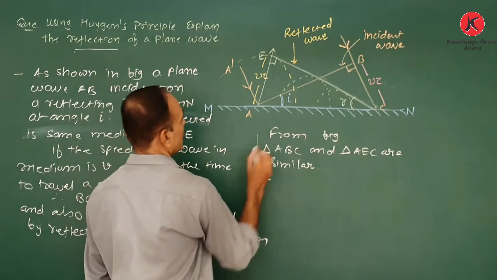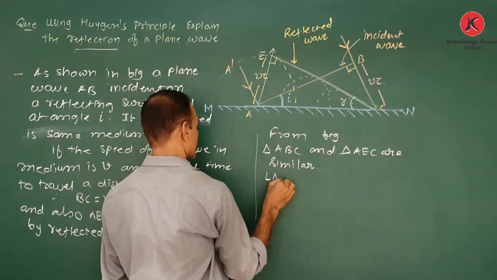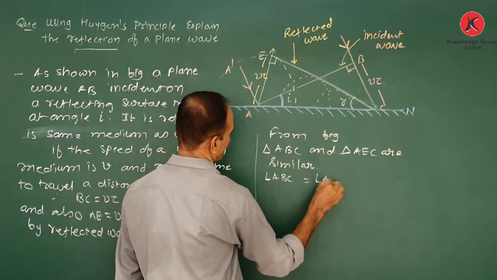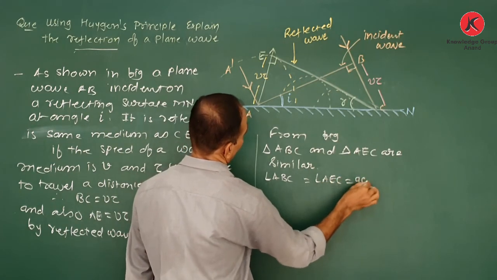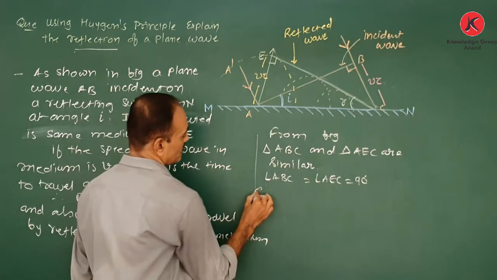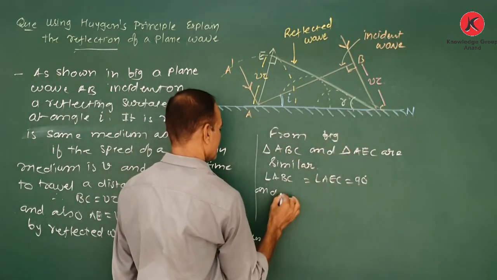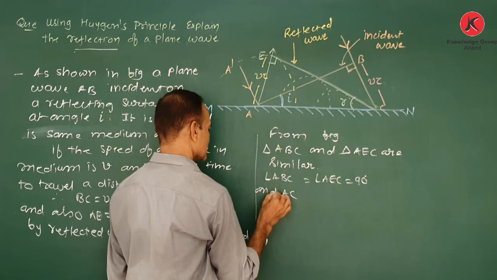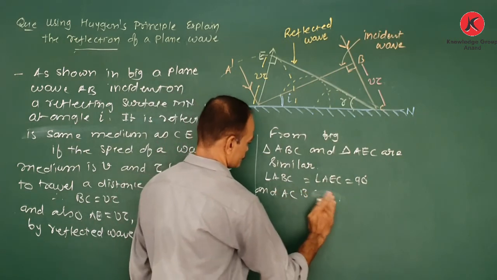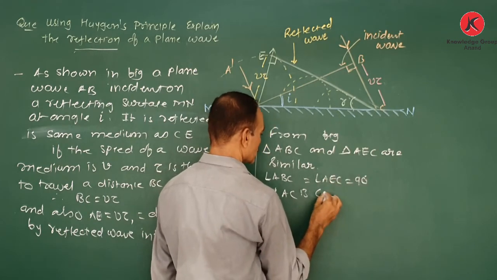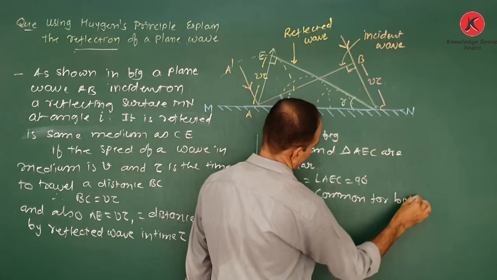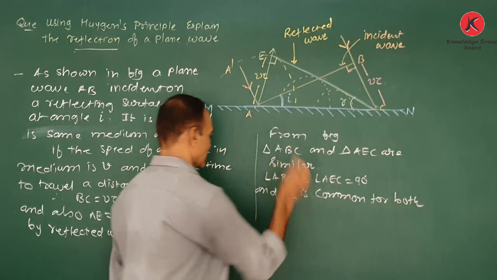Also, angle ABC and angle AEC are both 90 degrees, and the line AC is common to both triangles.